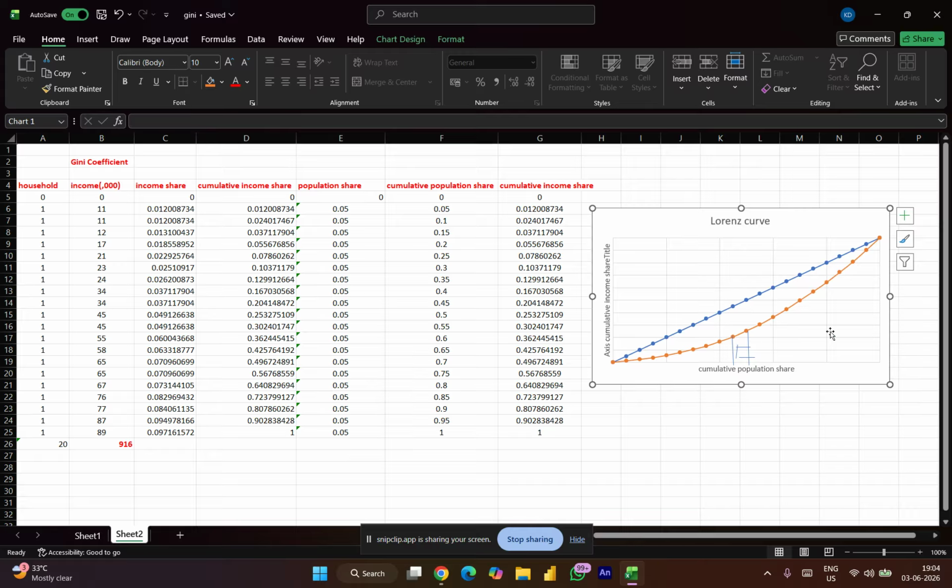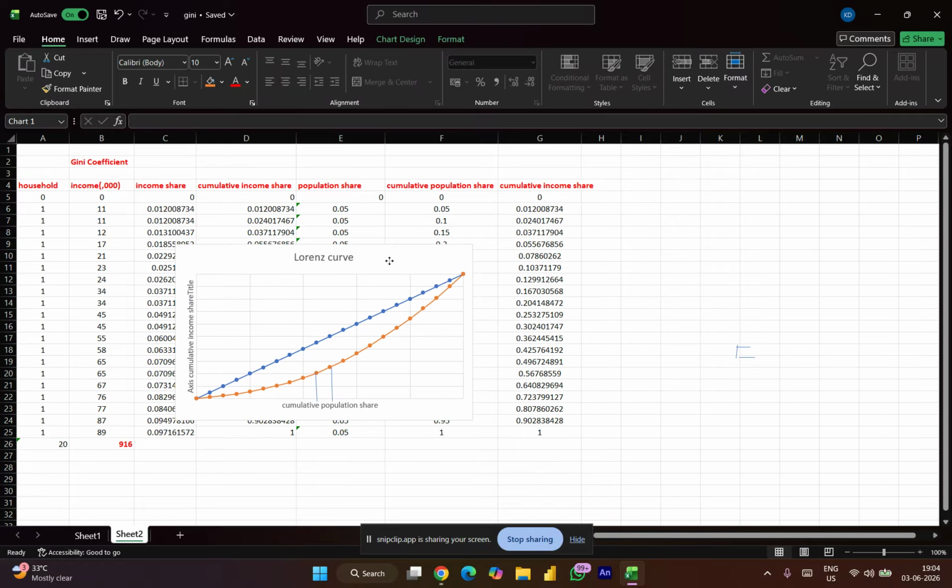After calculating it, if we subtract it from 0.5, we will get the area between the line of equality and the Lorenz curve. This is our goal. This area looks like a bow.